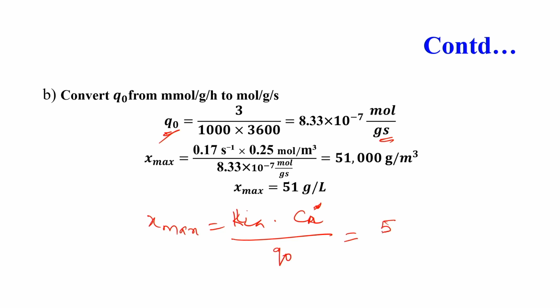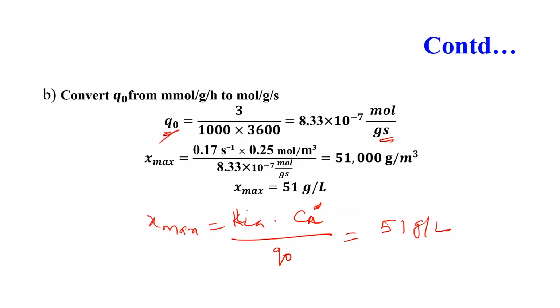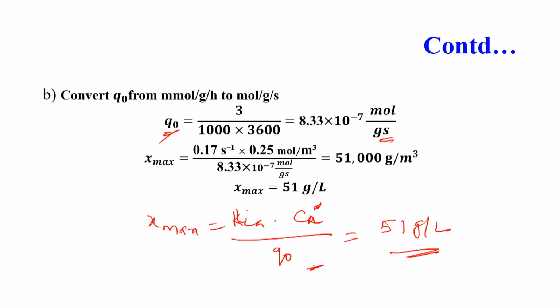Now, we are getting 51 gram per liter. So, this was close to 12, and it has become more than 4 times higher. So, it says depending on the oxygen uptake rate, we can tune the cell mass density or biomass concentration inside a bioreactor.